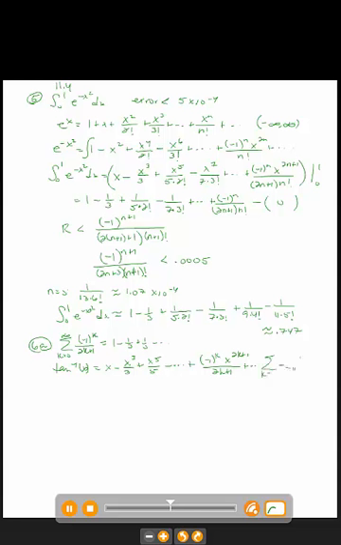Oh, it almost looks exactly the same. Negative 1 to the k, x to the 2k plus 1 over 2k plus 1.